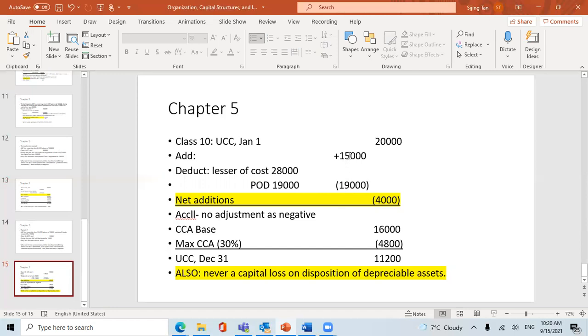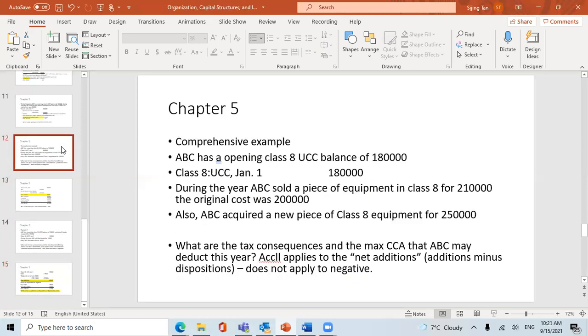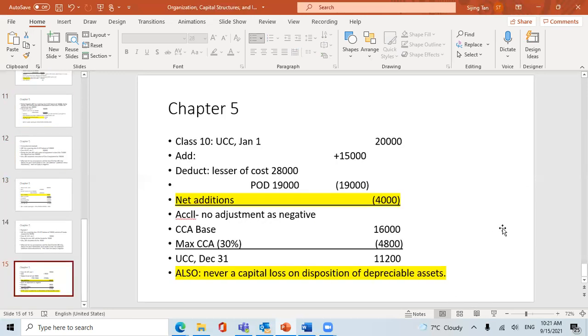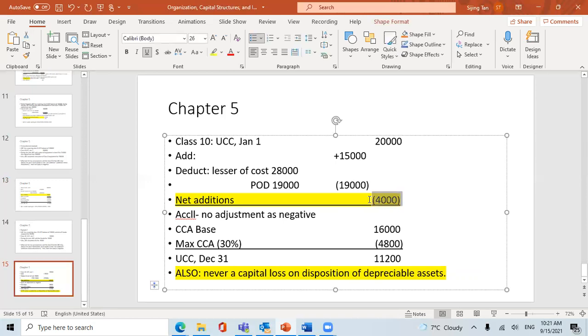Now we use the net addition, addition minus disposition. And it gives you a negative net addition, minus $4,000.